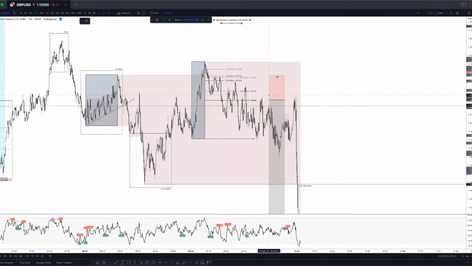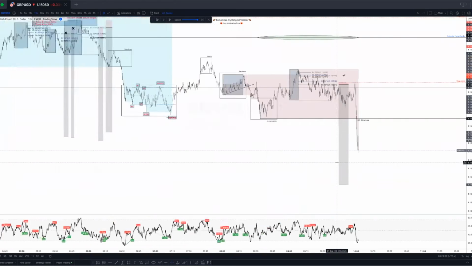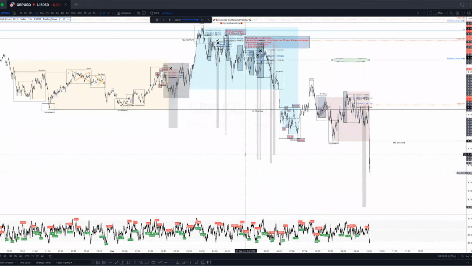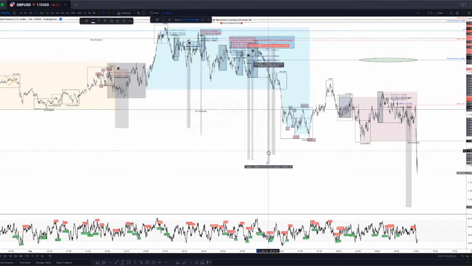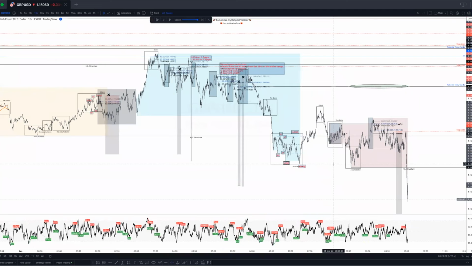Right now I'm sitting at reduced risk. And because I'm sitting at reduced risk, we made another leg down. And okay, so these are deleted. I don't think we'll be coming back that way. This is still on.